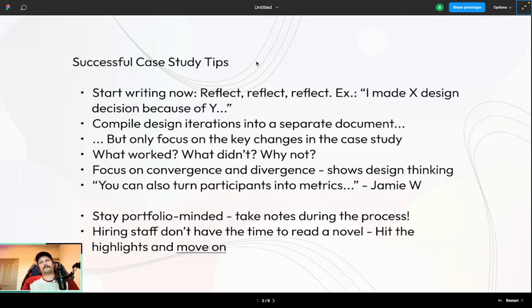And of course, this entire time I've been speaking so far, I have made a pretty big deal about the importance of writing everything down, reflecting, and having lengthy documents about thoughts, ruminations on the design process.